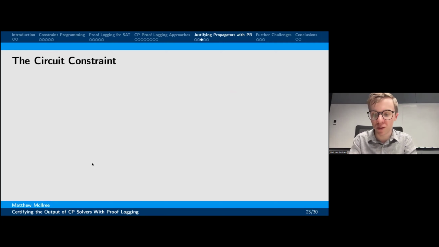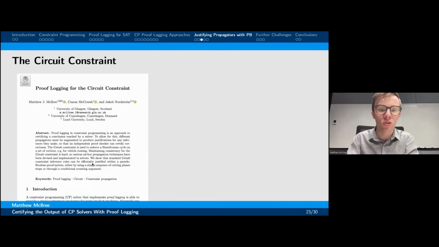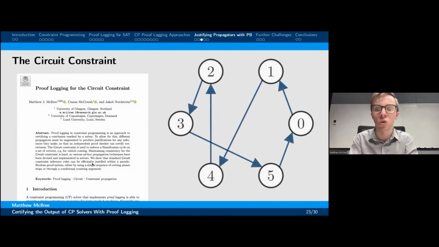Also, in work I've done, I've zoned in on some more particular constraints, especially ones that people might look at and go, this is quite far away from pseudo-Boolean integer linear inequalities. Are you sure that you can do this using cutting planes? So the circuit constraint is in fact a graph constraint. It's specified in terms of variables being equal to a value, like a successor representation.